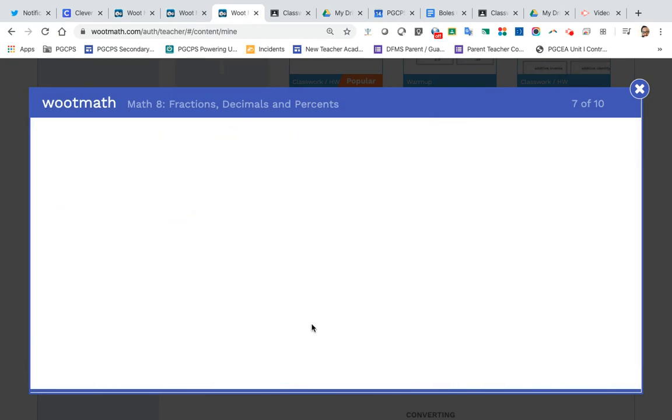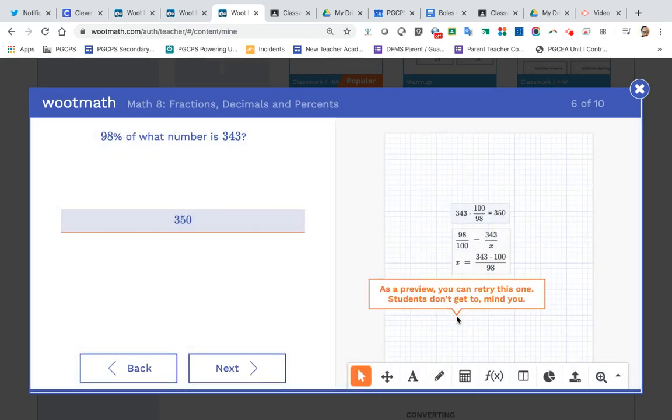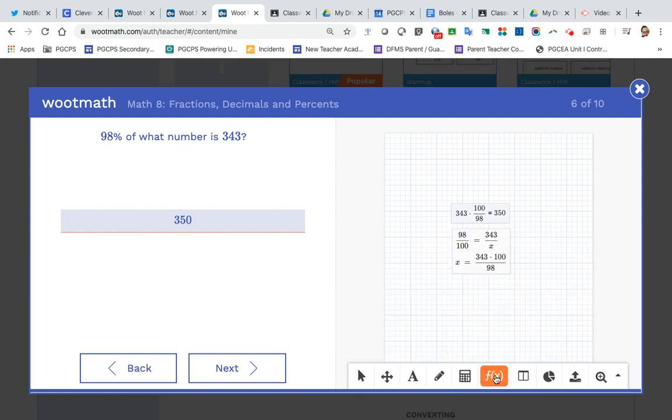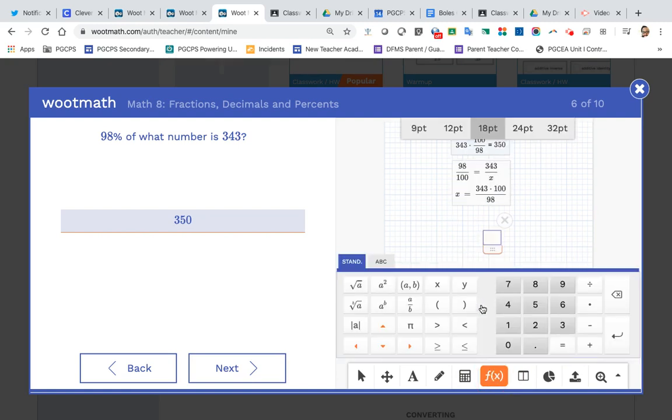And the second way to do it is the following. I can turn 98% into a decimal, 0.98, and I'll put 0.98 x is equal to 343.